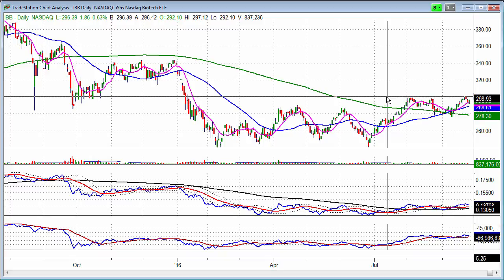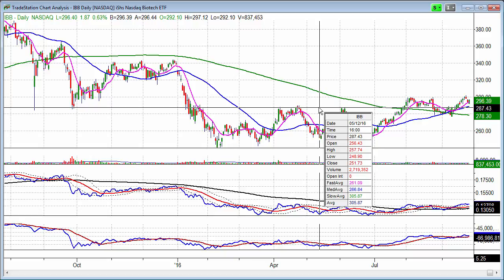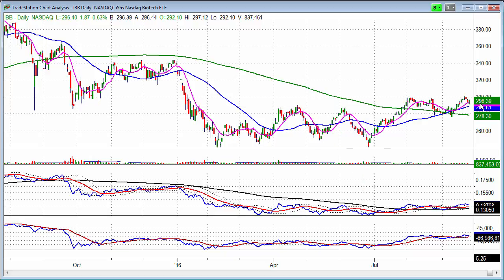This is a huge number here, this 300 level, if it breaks it. And if it breaks it, it will be running ahead of where the SPYs are, potentially running ahead of where the Qs are. And as you can see, it came off this low with a really strong leadership quality that just really has paused as it's digested breaking out of this base, set up another base.